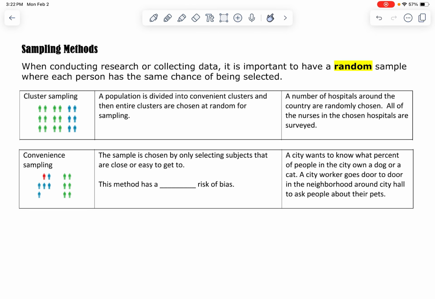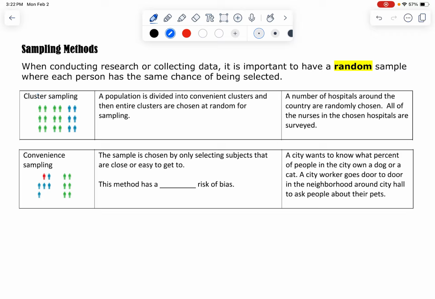Okay, again, another way would be cluster sampling. This is where a population is divided into convenient clusters, and then entire clusters are chosen at random for sampling. So you've got then, okay, they're all split into threes, right? 3 groups here, and then they sample just this one right here. So that's one way that you could do it.